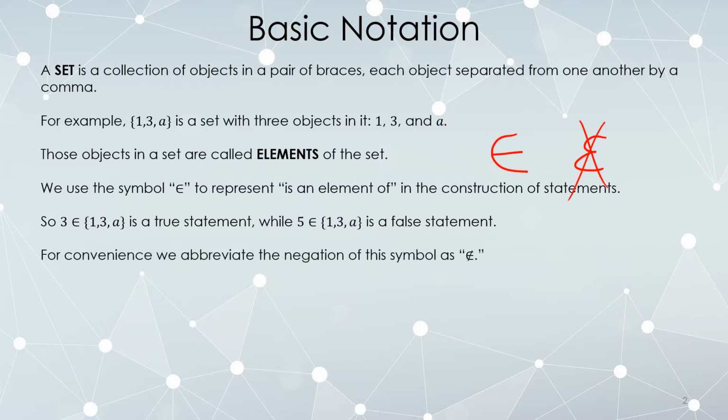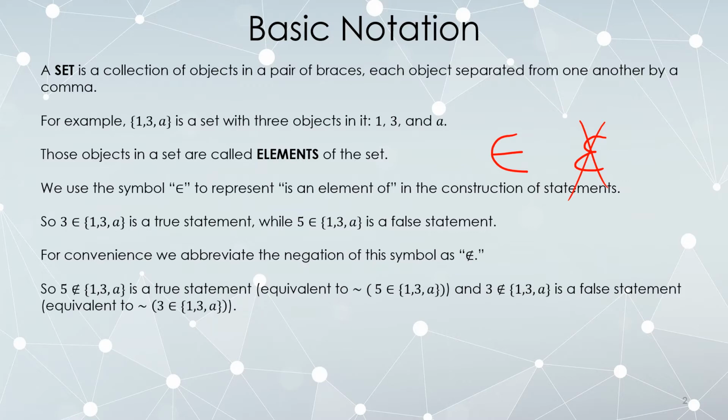So if you want to negate a statement about what is or isn't an element of a set, we just strike through that symbol. So for example, we can say 5 is not an element of the set containing 1, 3, and A. That is now a true statement. It is true that 5 is not an element of this set.